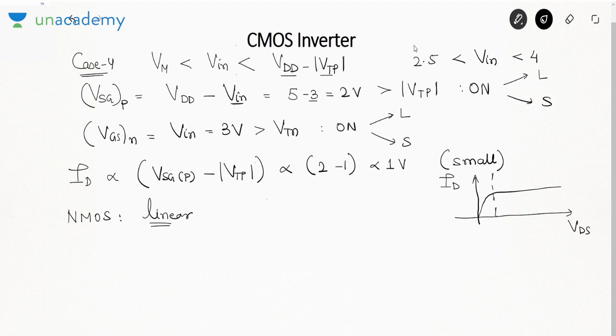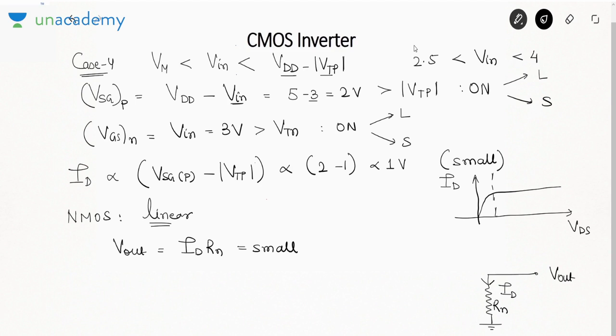If NMOS is operating in linear region, it is operating as a resistance. In linear region, the device acts as a voltage controlled resistance. So what is the value of Vout? Vout is basically ID into Rn, which is small.